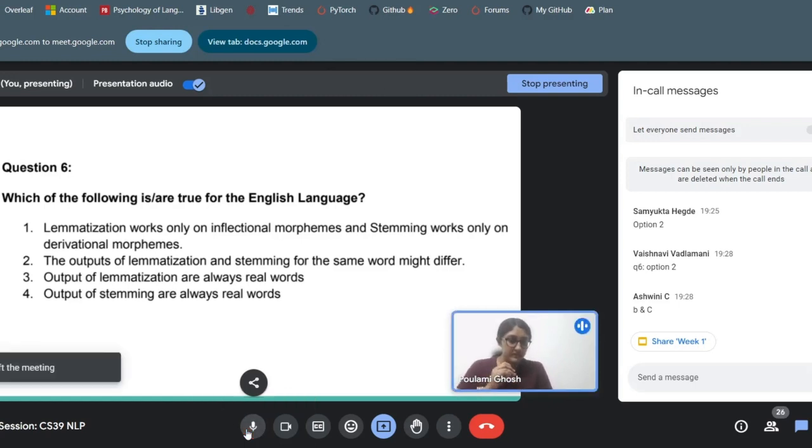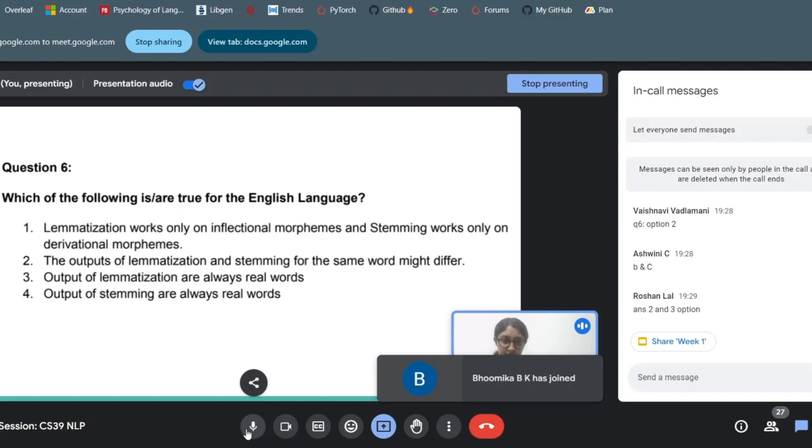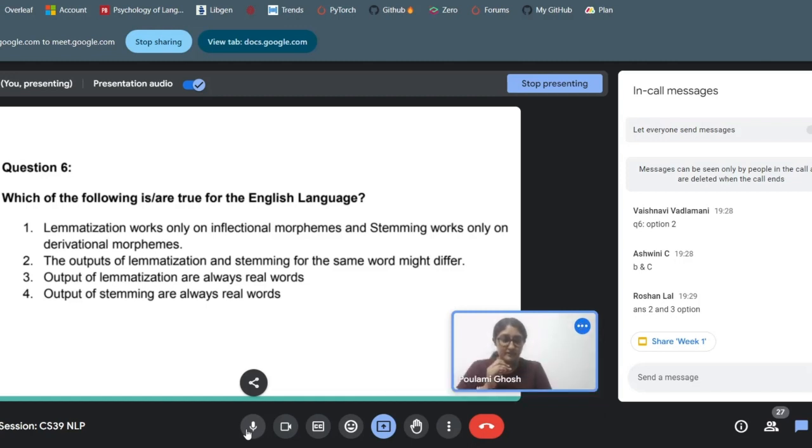Okay, so Vaishnavi has said that option 2, the outputs of lemmatization and stemming of the same word might differ. Would you give an example where this might be the case? You can unmute yourself and try if you would like.